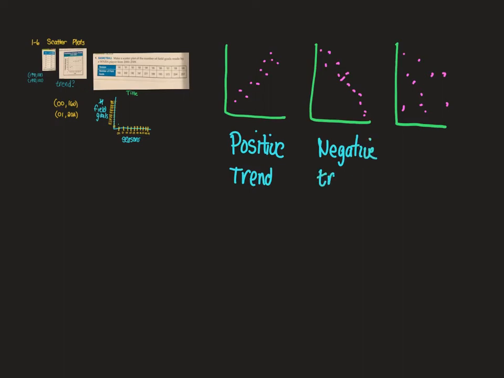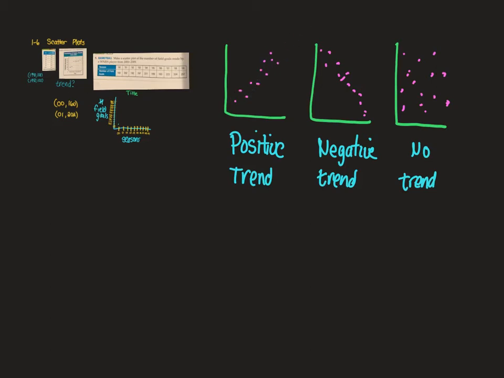And we call the third one no trend. So I think the third one is the easiest. This doesn't look like it's doing anything. Maybe if I add a few more. So they're just random. The dots are random. There's no real pattern. They're just equally spaced out. They're kind of all over the board.